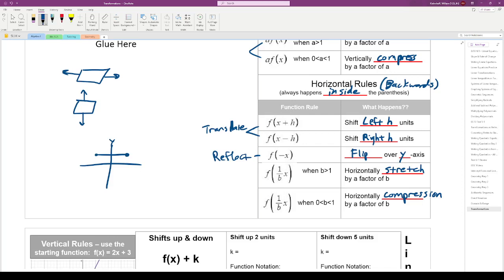And again, it goes in as its reciprocal. So just think, if I have b equals 4, then when I plug it into a function rule, it looks like f of 1/4 x. So weird and backwards just in the same way.